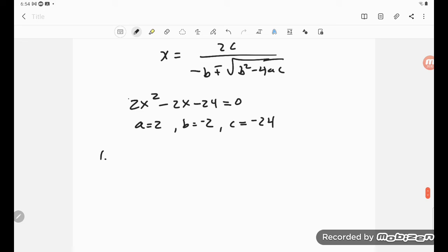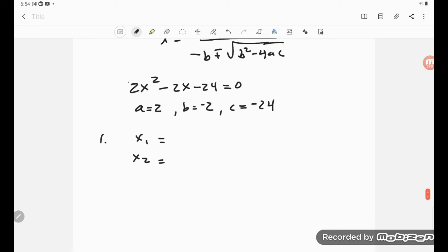Then in the first case, if I write this as x1, x2, I get 2 plus, we'll do the plus first, square root of 4 plus 192 when you multiply and square and so forth over 2a, so that'd be 2 times 2.